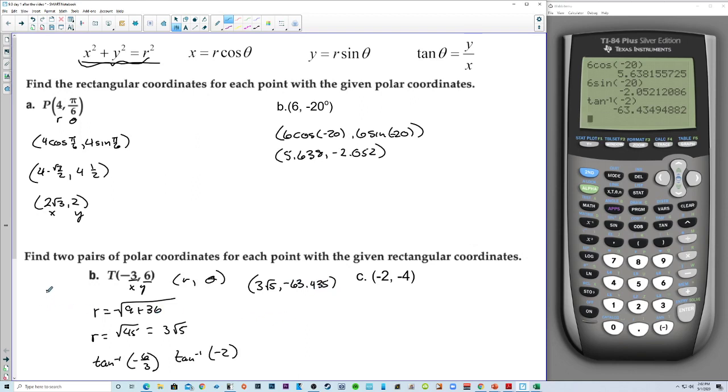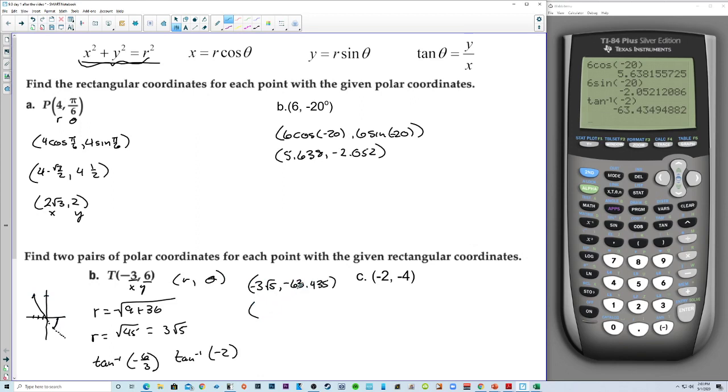Let's get an idea of where that is. We have negative 3 and up here at 6. So let's see. Right there, and so negative 63 would not actually work with a positive r because we're down here, but our point is up here. So if we're going to use this negative 63.435, we're going to have to make that r negative.